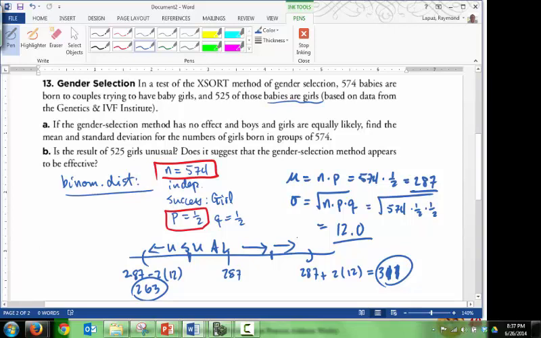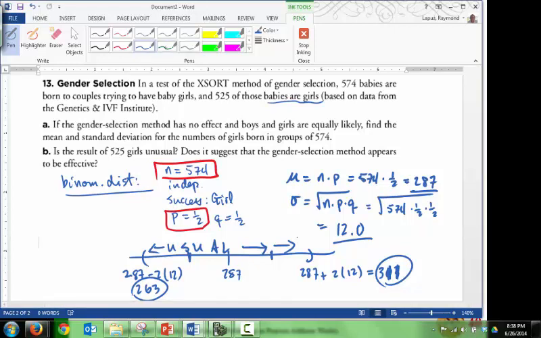Now, when these 574 couples that had babies went through this XSort company, and they got special packages and special diets and special exercises that they had to do to try to make this baby a girl, they had 574 clients, and it turned out that 525 of them actually had girls. 525, based on our analysis here, is that a usual or unusual value?